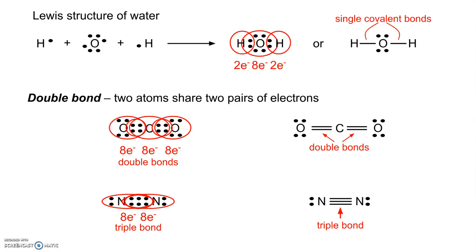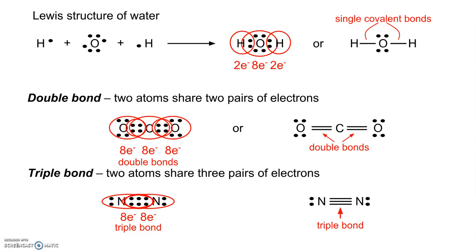No. Hydrogen is an exception to the octet rule. Remember, its maximum number of electrons is 2. It's one of the exceptions. We'll look at some more, but hydrogen is one of the exceptions. Now notice at our double bond, oxygen has 8 and carbon has 8. Therefore, that is the best Lewis structure, the overlapping of two pairs of electrons.